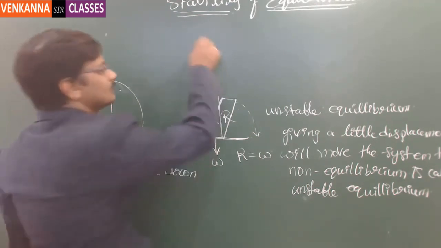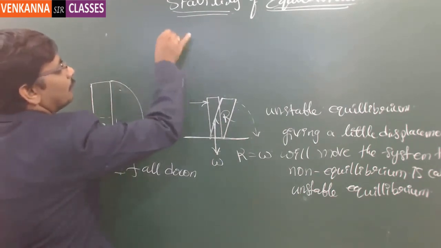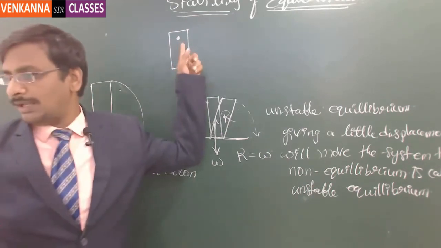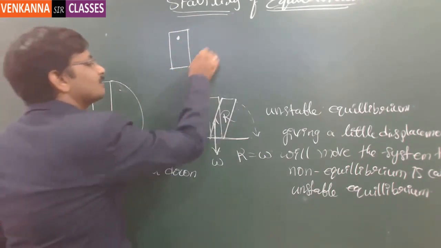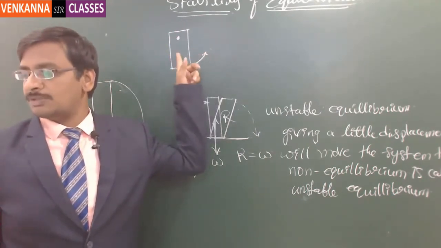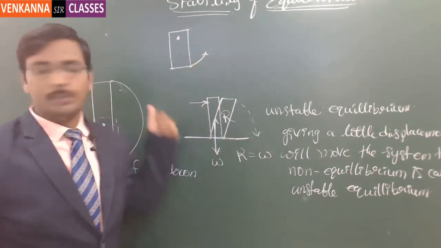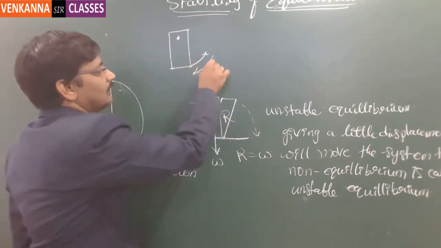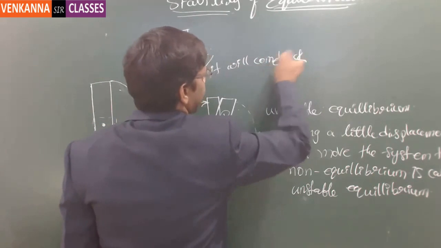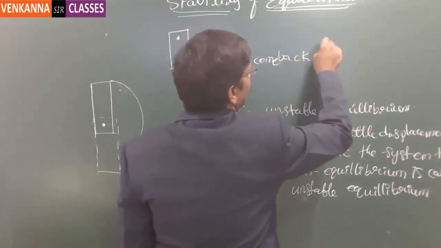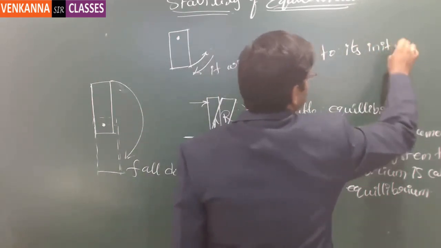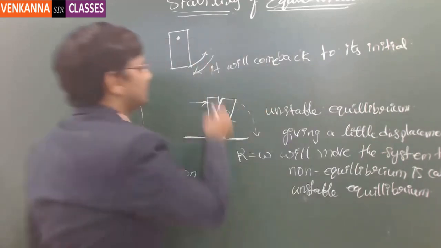Suppose I take the other case, the same thing, but the nail is on the top. This is how the wooden block is supported by the nail, and then you give a little displacement like this. Now what happens to this wooden block? It will come back automatically to its initial equilibrium condition.